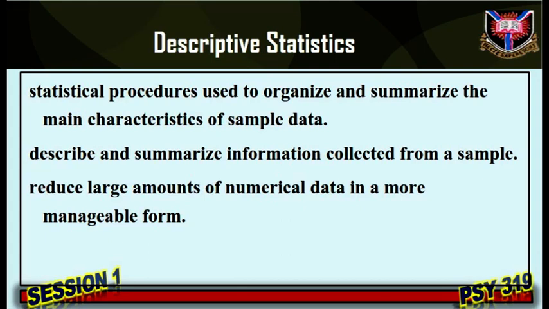Content. Descriptive statistics. Descriptive statistics are statistical procedures used to organize and summarize the main characteristics of sample data. They describe and summarize information collected from a sample, usually reducing large amounts of numerical data into a more manageable form.